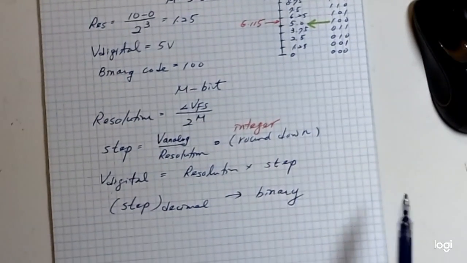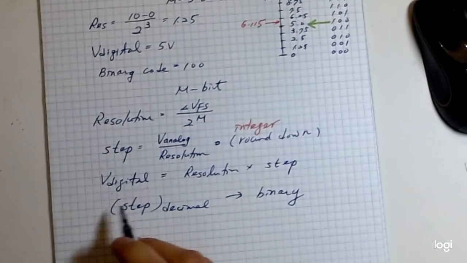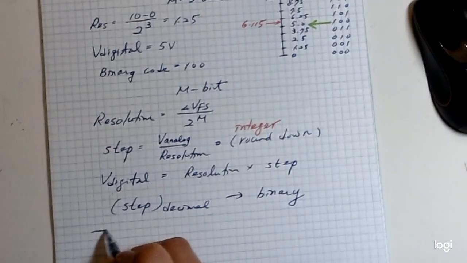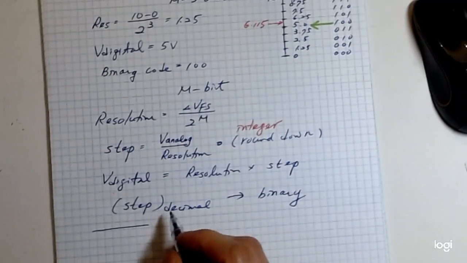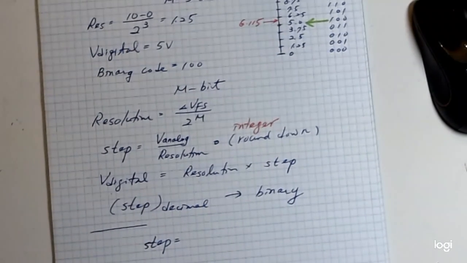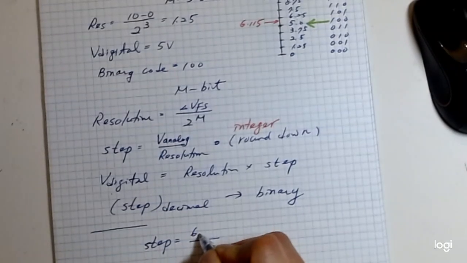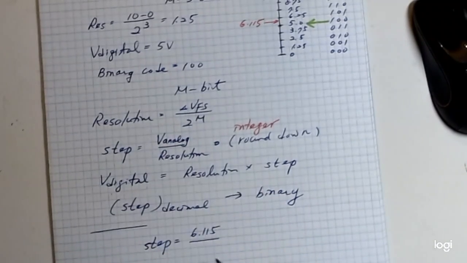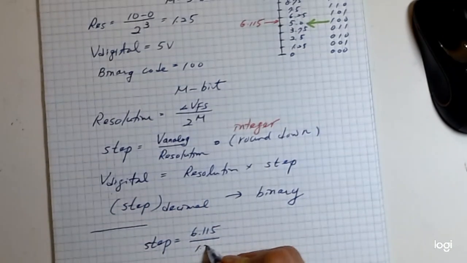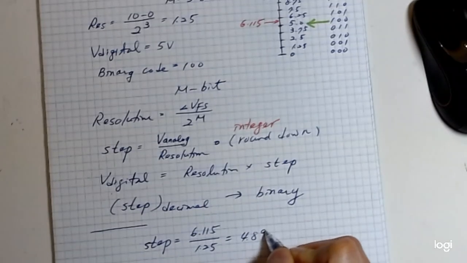So we can check the answer again. For the 3-bit, resolution 1.25, so step will be 6.115, analog, divided by the resolution, 1.25, gets 4.89.